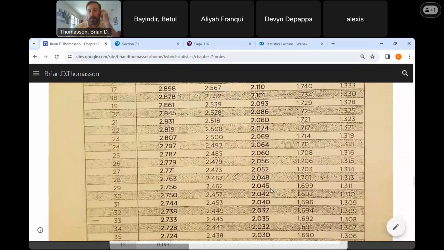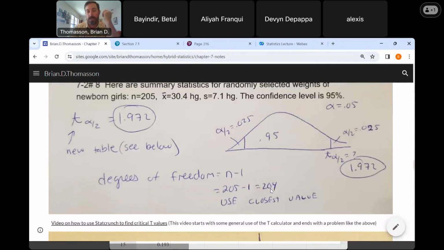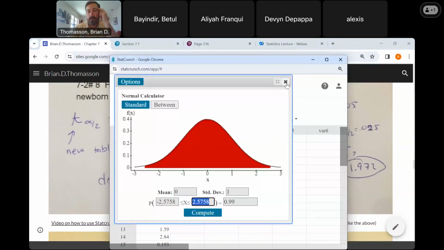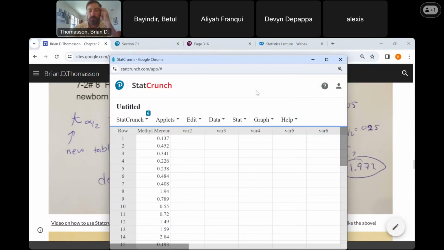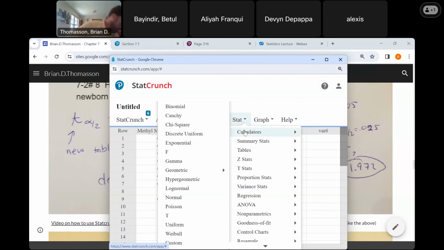Now I would recommend using StatCrunch, so let me show you how to do that. This is going to be very similar. We're going to go under stat, calculators, and now no longer normal. We can't go to normal distribution. We need to go to the t distribution because now we're using t rather than z.